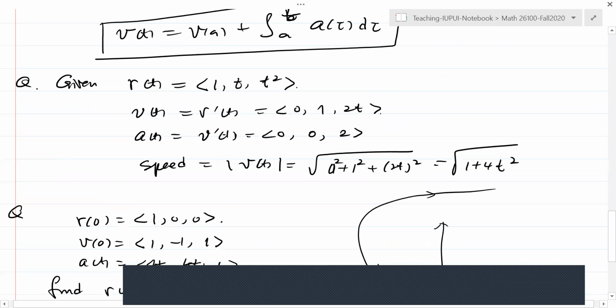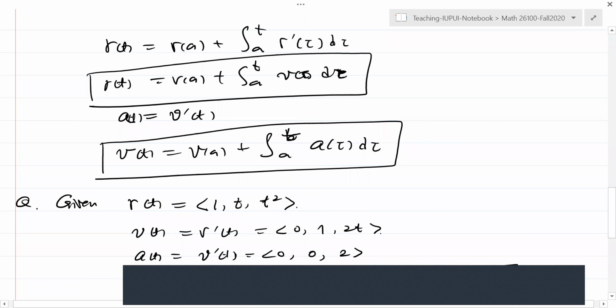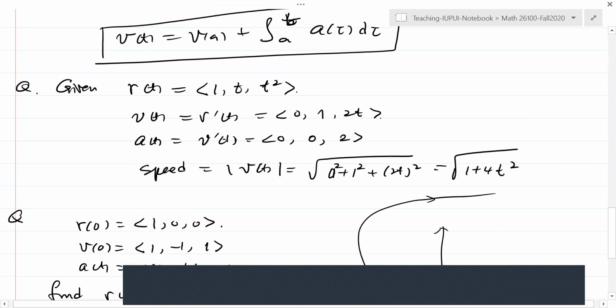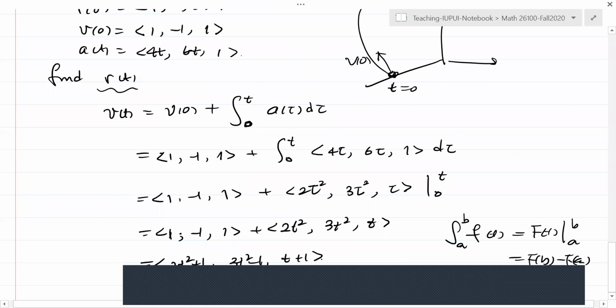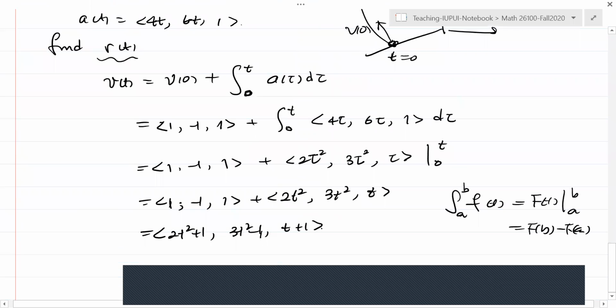In my general formula here, I just say from a to t, because I do not specify the starting time. Gotcha, thank you. The time could be 1, or 2, or 0. Usually when we say initial velocity, it means the time equals 0.